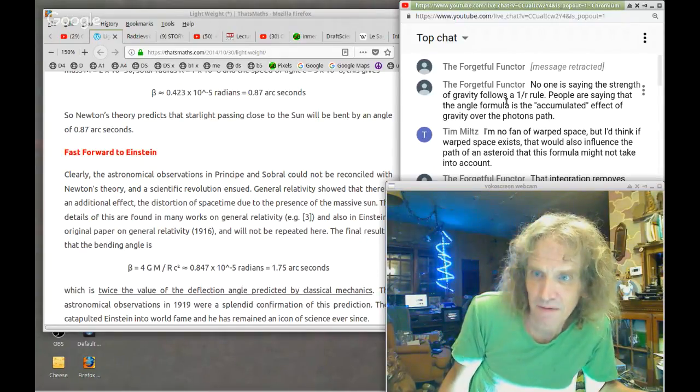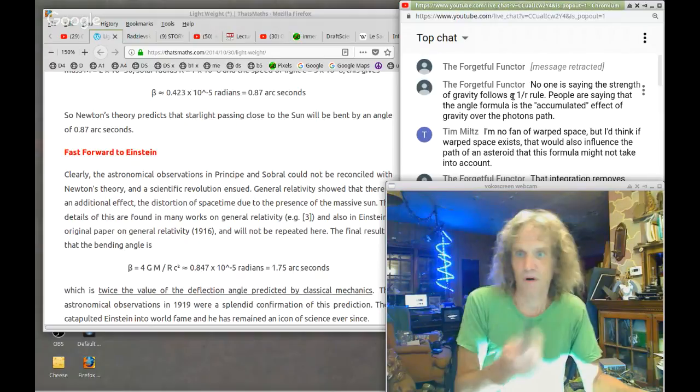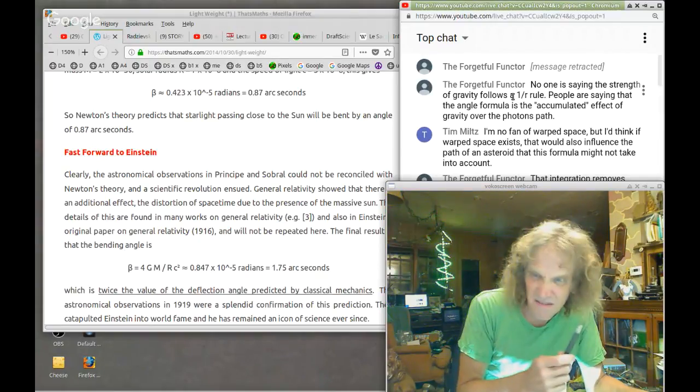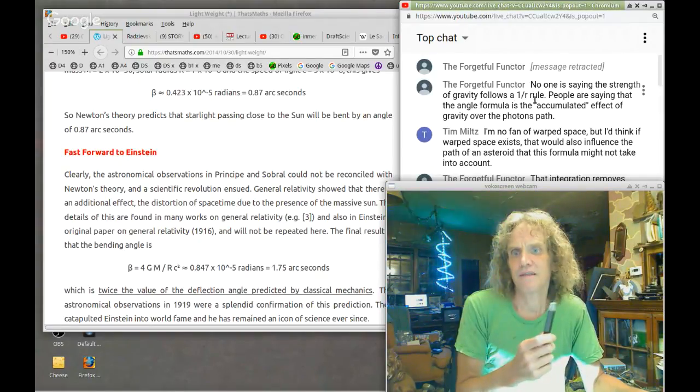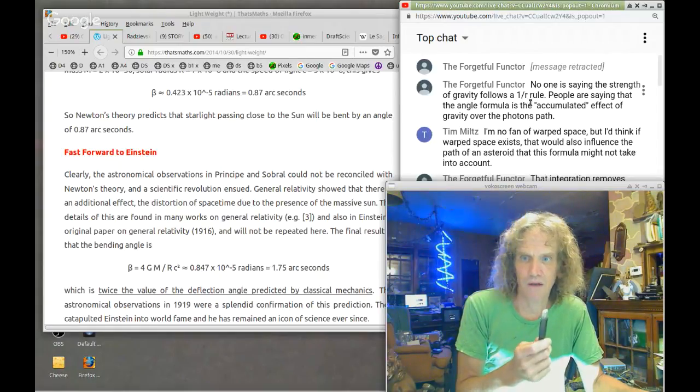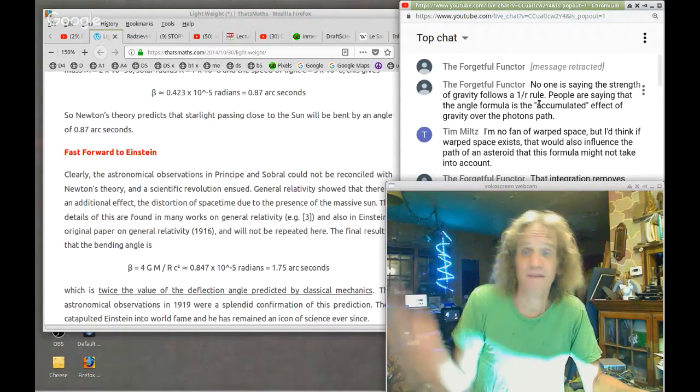The forgetful function, or something like that. No one is saying the strength of gravity follows a 1 over R rule. I don't know what this is.